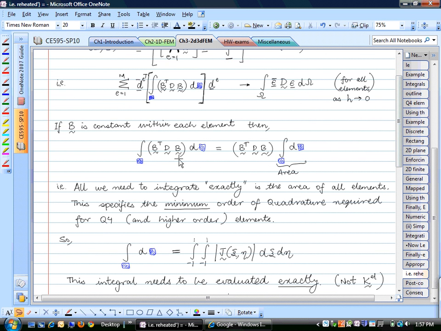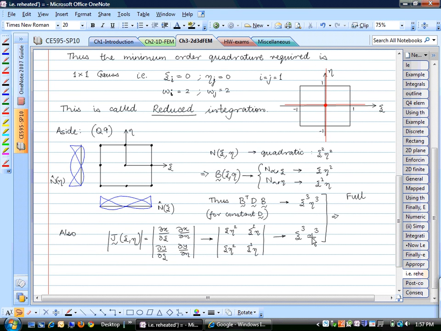We want to integrate B transpose DB times J. So if I choose 3 points, that would give me 2 times 3, 6, minus 1, 5. That will integrate quintic polynomials exactly, which means I need to go one more, 4. 4 cross 4. If I use 4 cross 4 Gauss points, then I will be integrating this Q9 element up to an order of 2 times 4, 8, minus 1, 7. So any 7th degree polynomial would be integrated exactly.